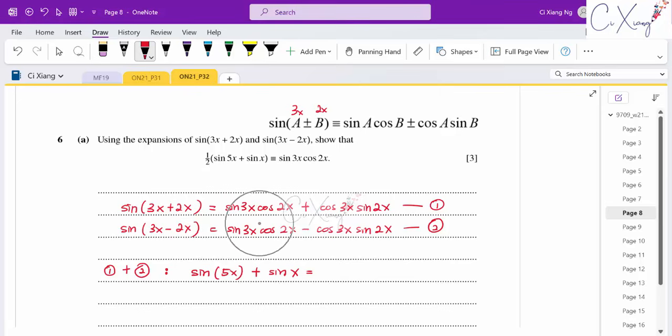For the right hand side, when these two terms are added together, I'm having 2 sine 3x cos 2x. Then for this term here, they already cancel each other because one is a positive sign, another one is negative sign. And now if I try to move the half over, then very easily you can see that we successfully get the equation that they want us to show.